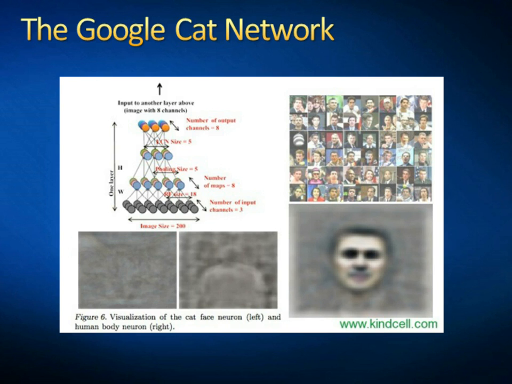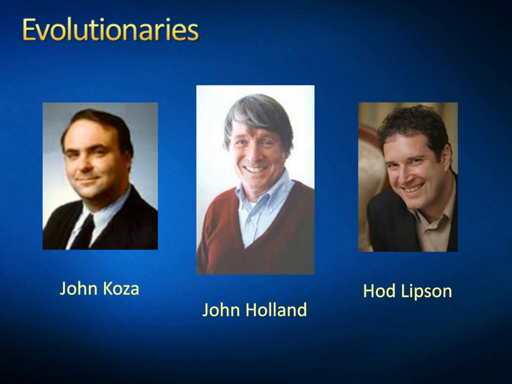Now, the evolutionaries, they say, well, the greatest learning algorithm on Earth isn't really the brain, it's evolution, because evolution made the brain and everything else as well. And the first person that really started pursuing this idea in earnest was John Holland, who actually passed away recently.